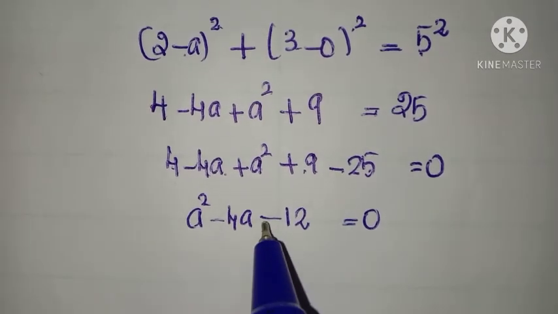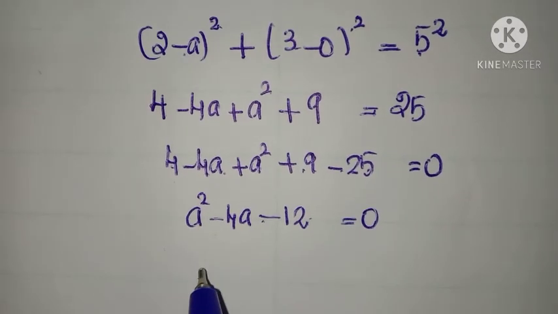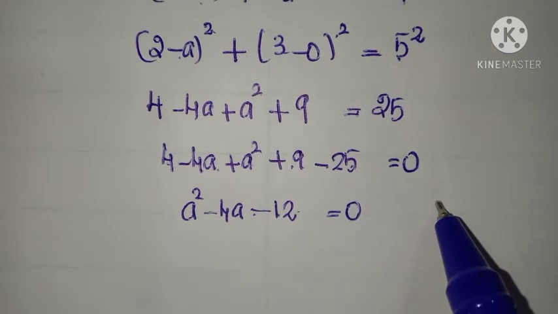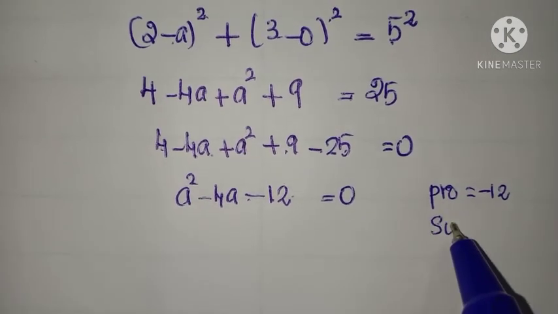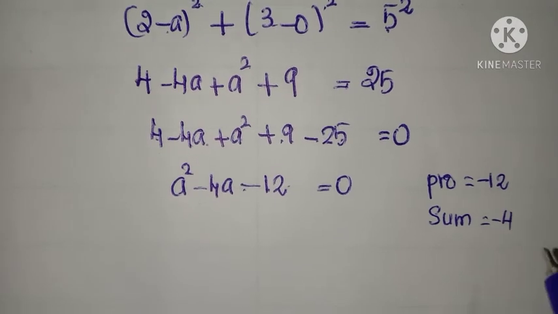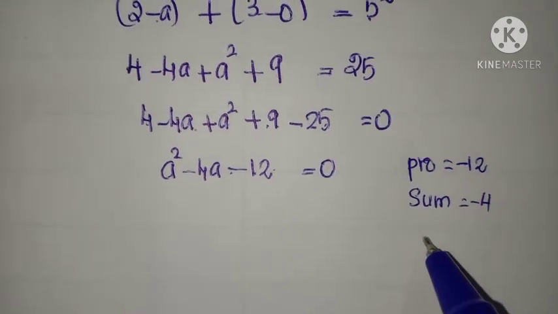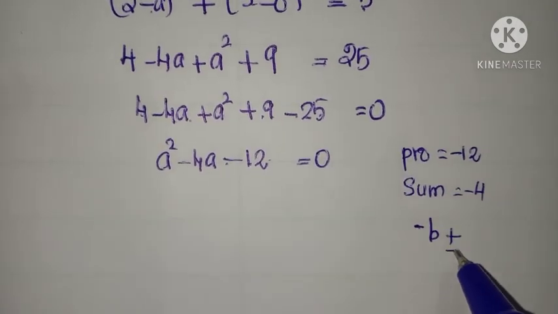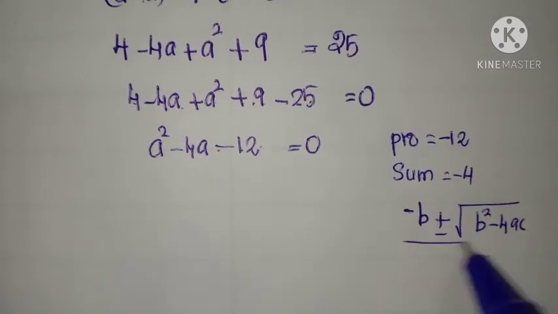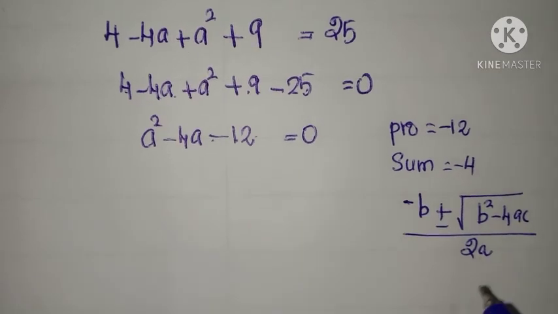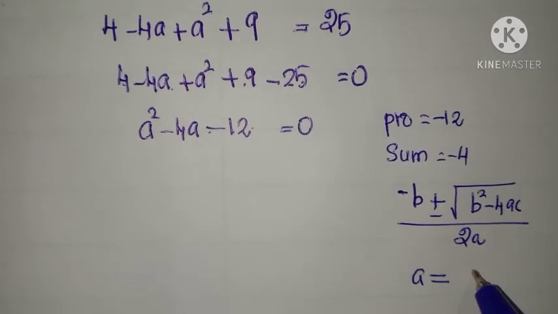Now this is a quadratic equation in a. So select any two numbers whose product is minus 12 and sum is negative 4. Okay. Or you use the quadratic formula, minus b plus or minus root of b square minus 4ac, whole divided by 2a, to get the values of a.